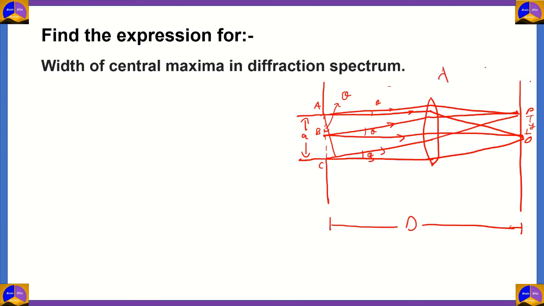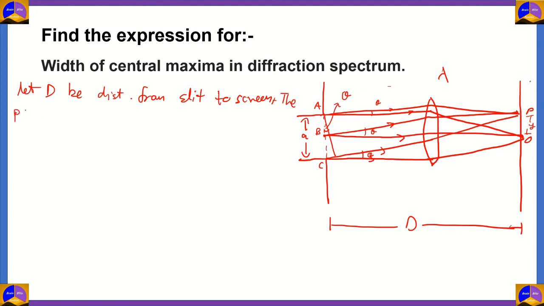A plane wavefront gets incident on a narrow slit AC of width a. The diffracted light is made to converge on the screen using a convex lens. So let d be the distance from the slit to the screen.